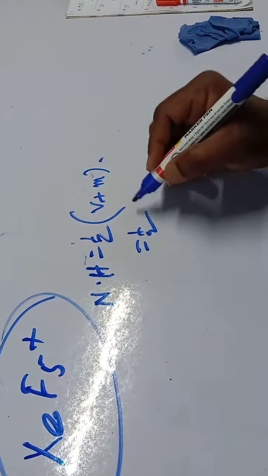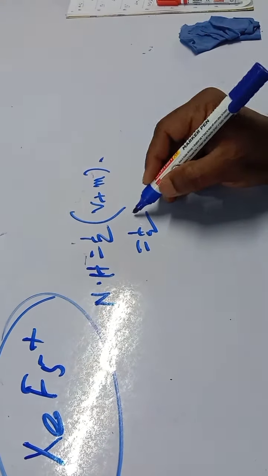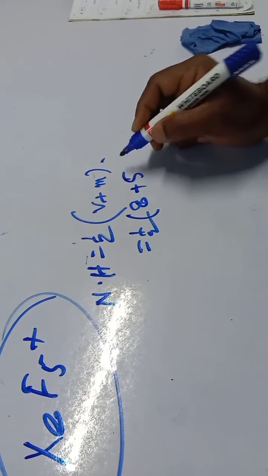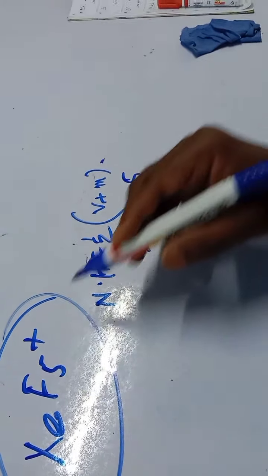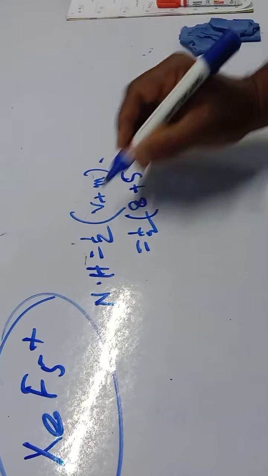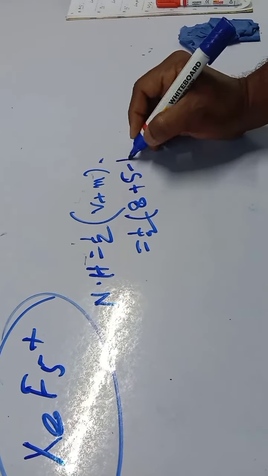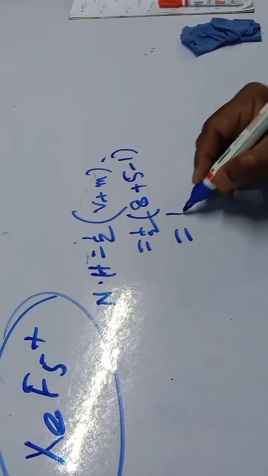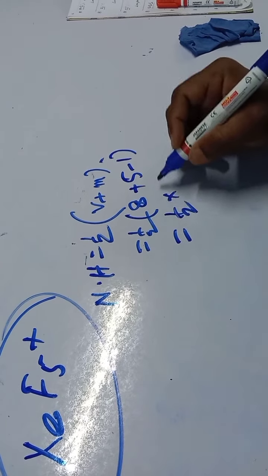Xenon is a noble gas, the valence electron is 8, plus 5, the number of monovalent electrons 5, plus charge 1, minus 1.